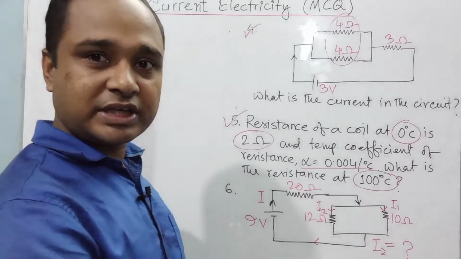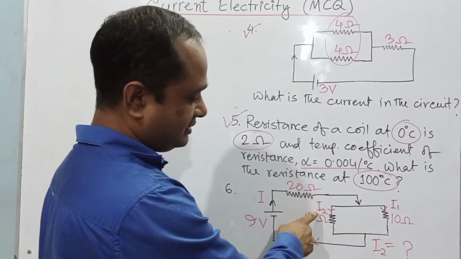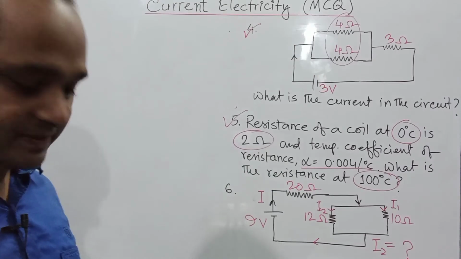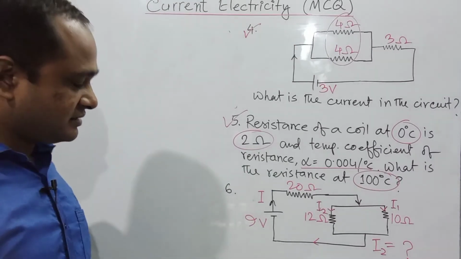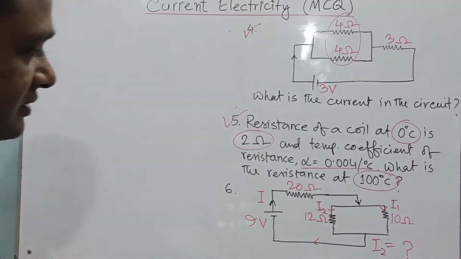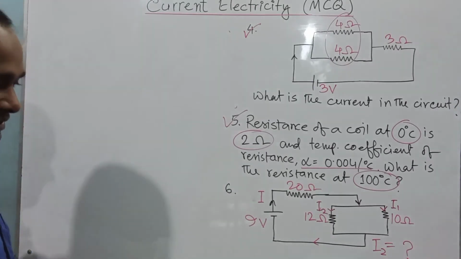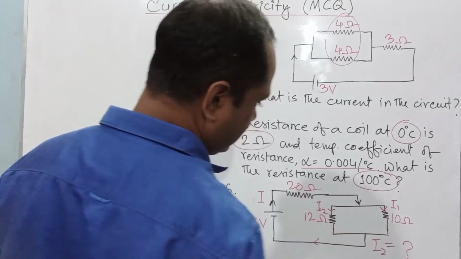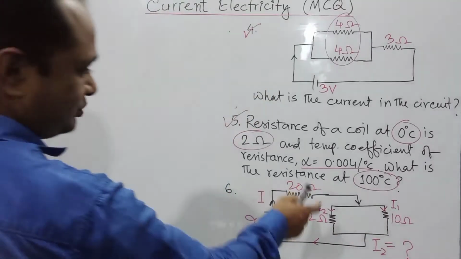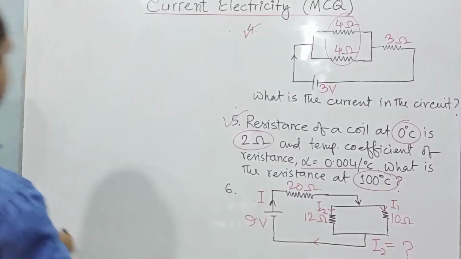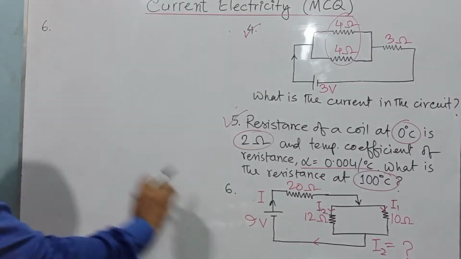So here we have to calculate the value of I2, that is the branch current passing through this 12 ohm resistance. To solve this, we first have to calculate the equivalent resistance of the circuit. In the circuit, the 12 ohm and 10 ohm are connected in parallel and 20 ohm is connected in series with the parallel combination. So first we have to calculate the parallel combination.